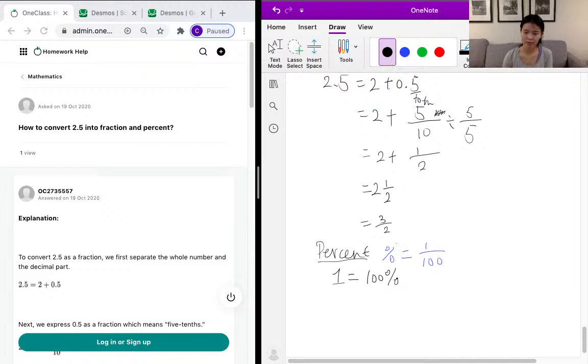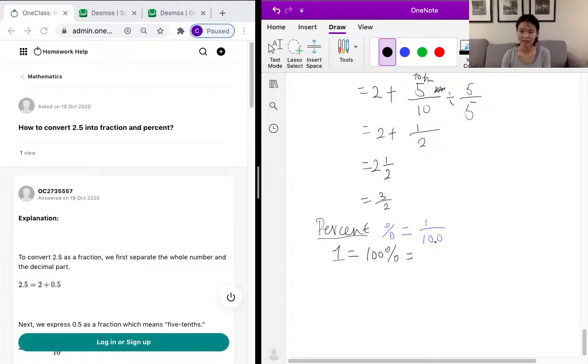That's all there is to the percentage sign. It's just something that people invented to read math numbers more clearly. So we know that the percent sign is essentially 1 over 100, so 1 is 100% because it is 100 times the percentage sign, which is 100 over 100, which is just 1.